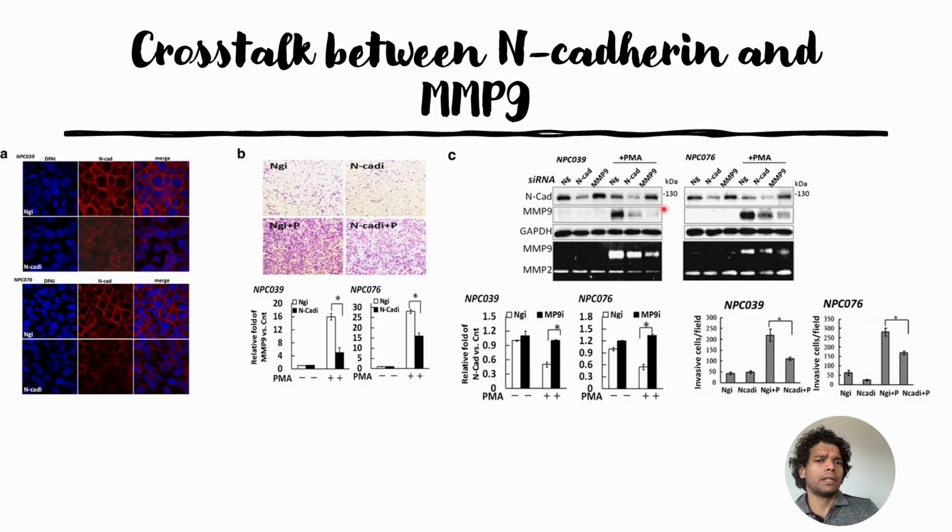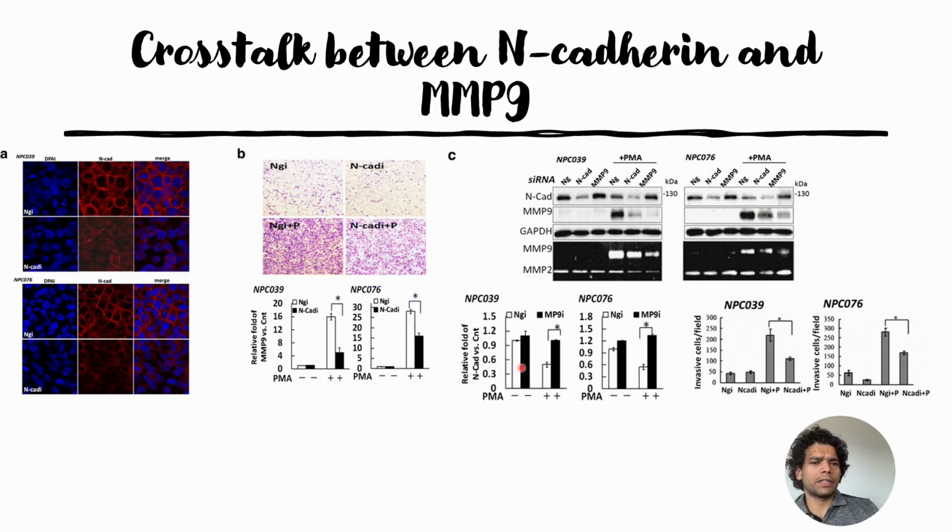After that, when they knock down MMP9, they see reduced expression of MMP9, but there is an enhancement of N-cadherin signals, which is evident for the NPC039 cell line and also for the NPC076 cell line. That is, when they knock down MMP9, there are enhanced signals for the intact N-cadherin, even more than the control.